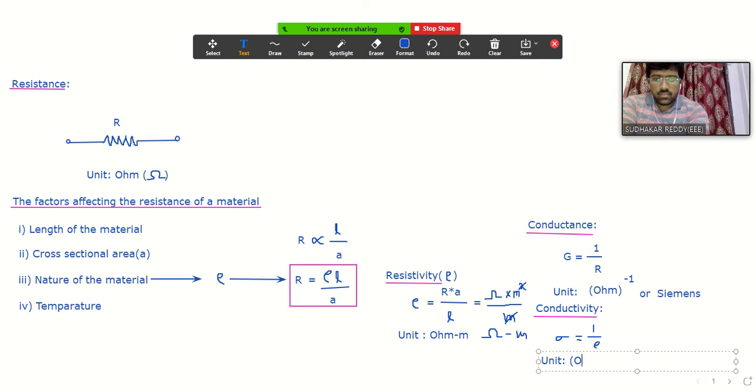Yes or no? Or I can write one more unit in terms of Siemens, that is Siemens per meter. So these are the units for the conductivity.